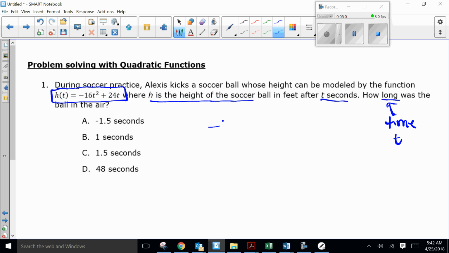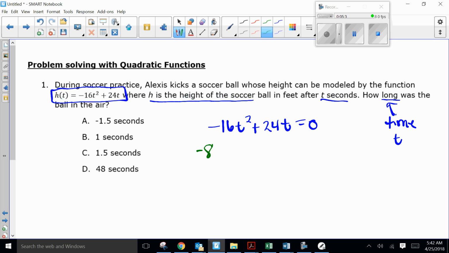Okay, so let's look at negative 16t squared plus 24t and see how we want to solve this. So setting it equal to 0. First, I notice that I have a common factor between negative 16 and 24 of 8. And actually, let's make that a negative 8.